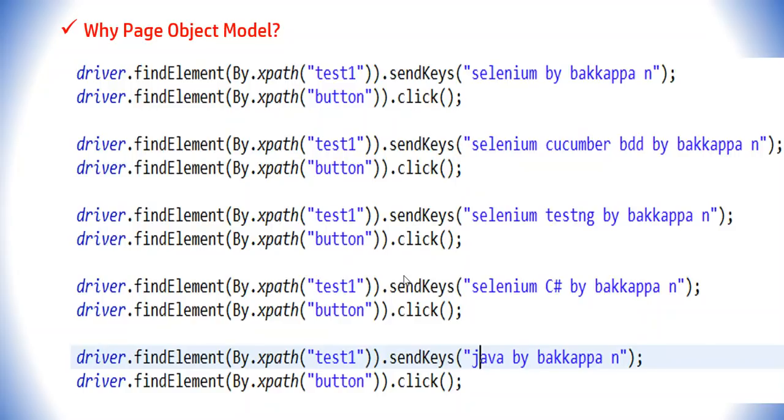If you have 100 scripts or 1,000 scripts, you need to walk through each of the test scripts and update the web element value, that is the XPath. So to manage web elements globally, we have a concept called page object model. Let us go to the next slide.